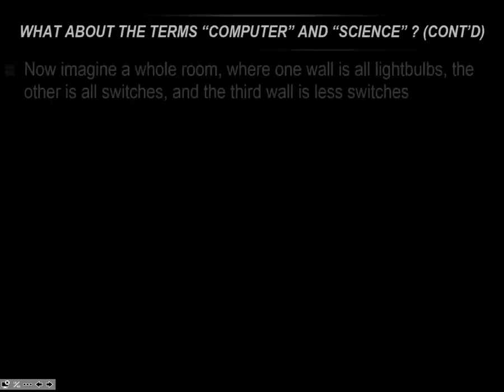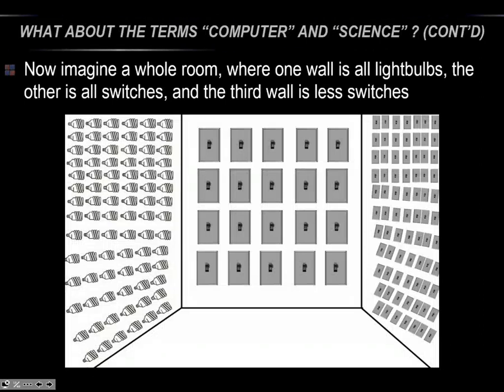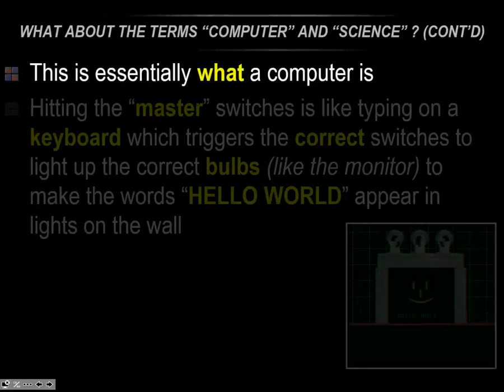Now imagine an entire room set up this way, where one whole wall was light bulbs. The other wall was all light switches, one switch for each bulb, and then a third wall had fewer light switches, but you could flick one switch and it would flick a series of switches to turn on a series of light bulbs. Well, if this sounds fairly simple to conceptually grasp, what you're seeing is essentially what a computer is.